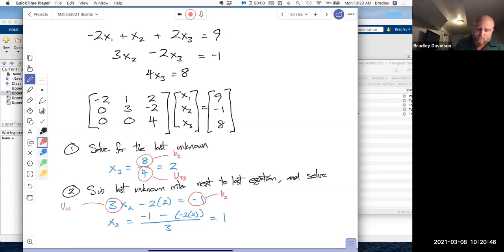And then our -2 is coming from U, oh, I got that wrong. Hold on just one second. That's not 2,3, that's 2,2. And then our -2 came from our U23 position. And then we would get the equation here for x2.